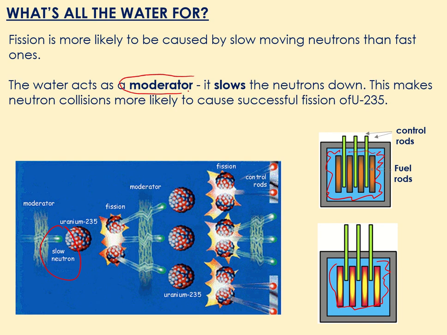That's an important key term you need to recognise. So what its job is to slow the neutrons down, and the reason it's needed is to increase the likelihood of fission. And what that effectively does, and again this is a good phrase to use, it increases the efficiency of the nuclear reactor.